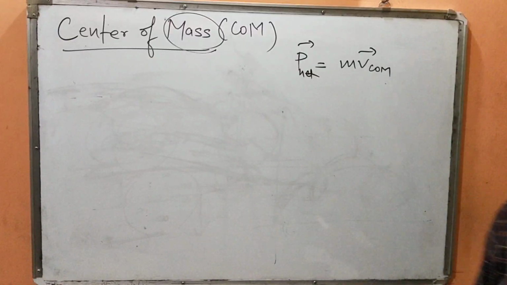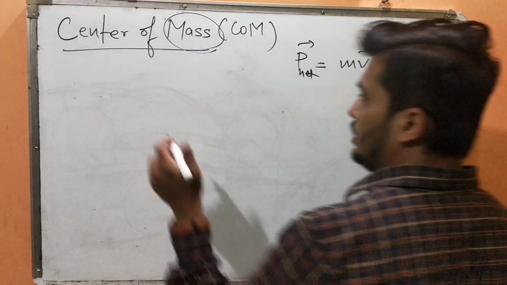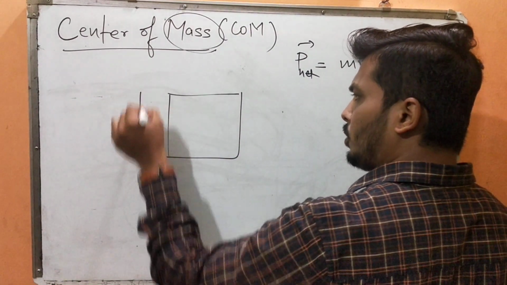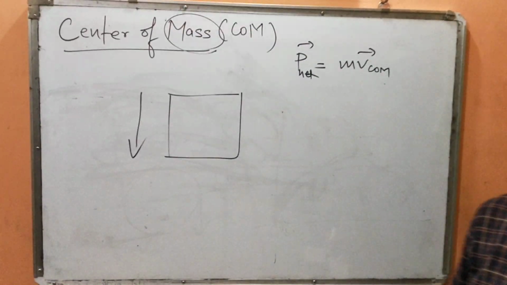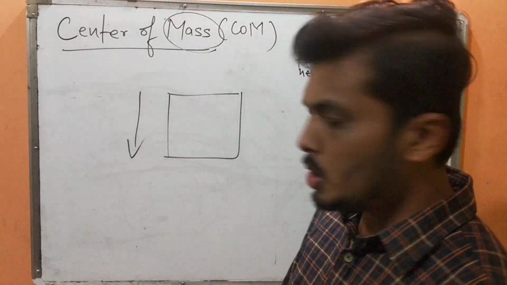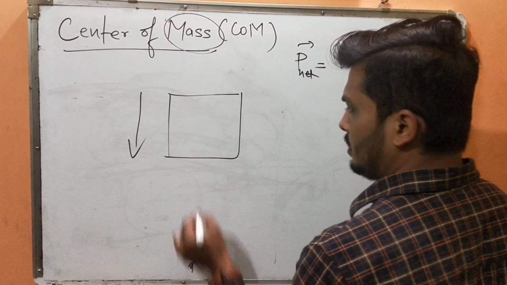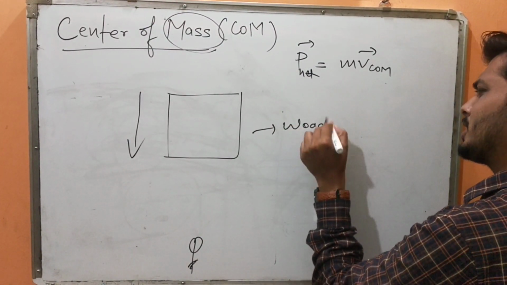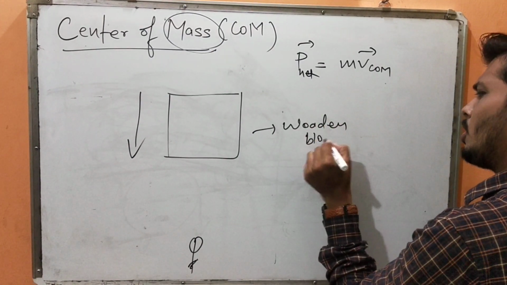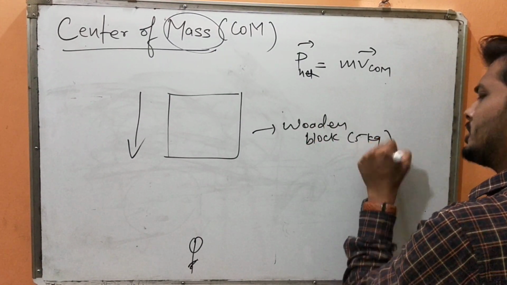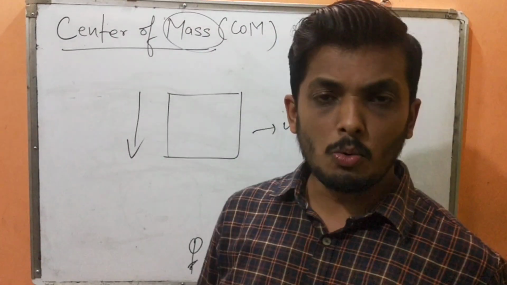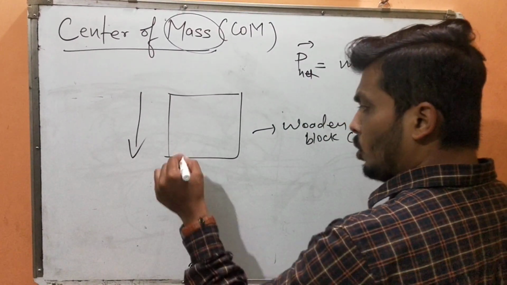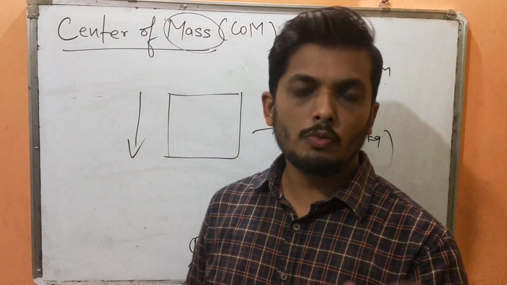Let me give one more example. Suppose there is one block that is falling vertically downwards, and you have been given a task to stop that block, whatever wooden block it is, maybe a wooden block of 5 kilograms, falling vertically downwards. Hold this box, don't allow the box to fall on the ground.